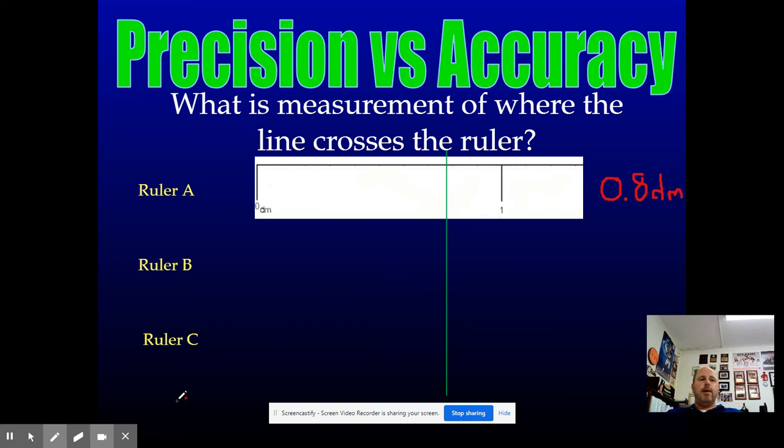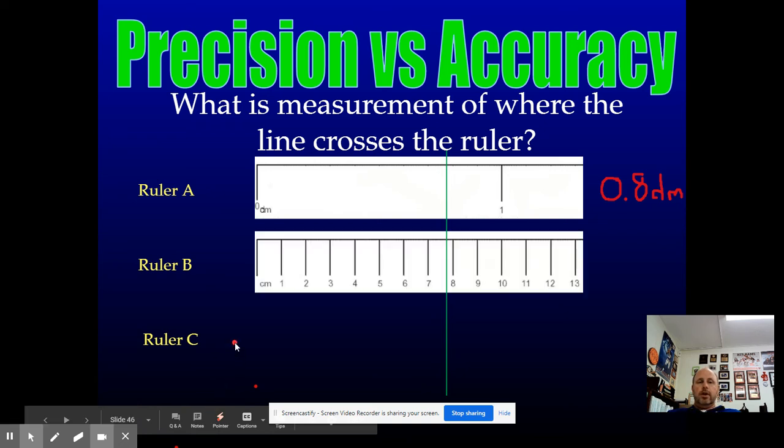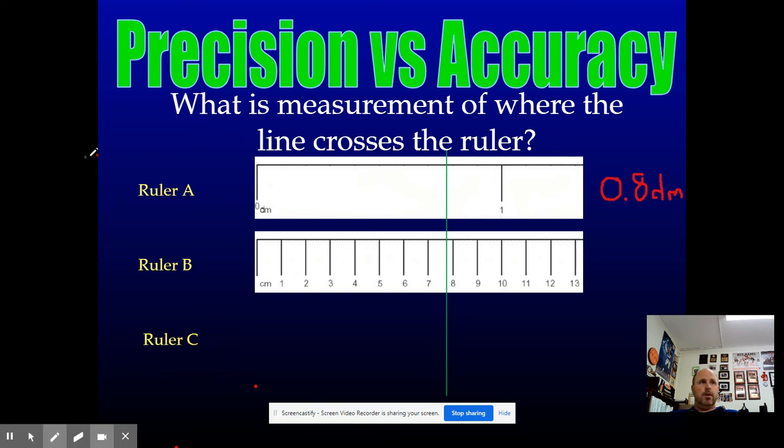Now, if I pop up the next one. The next ruler goes from decimeters to centimeters. King Henry died by drinking chocolate milk.